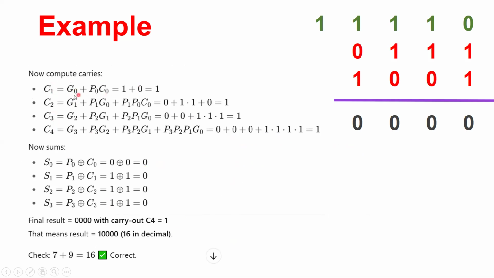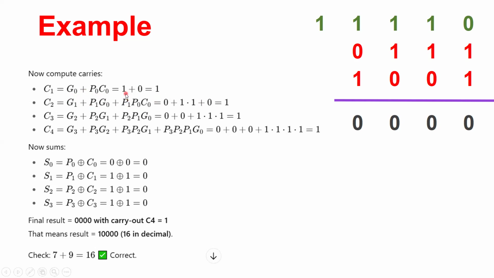So these are the equations we have seen from the previous slide. C1 is G naught or P naught C naught. C2 is G1 plus P1 G naught plus P1 P naught C naught. These values of G naught, P naught and C naught, similarly G i, P i and C naught, are available from the previous equations we have seen.